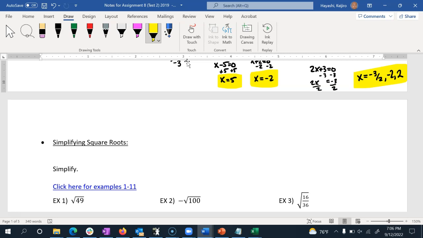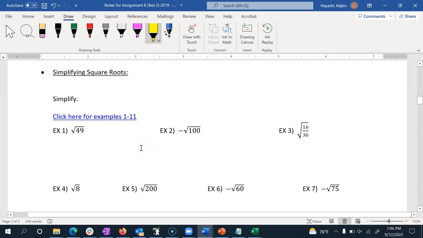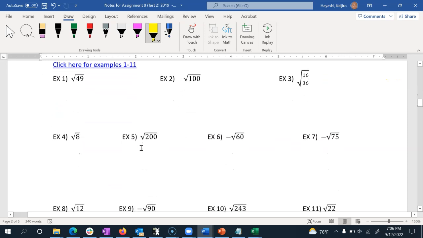Not all of them directly. You can put these in your calculator if the answer turns out to be a whole real number, which some of these are.